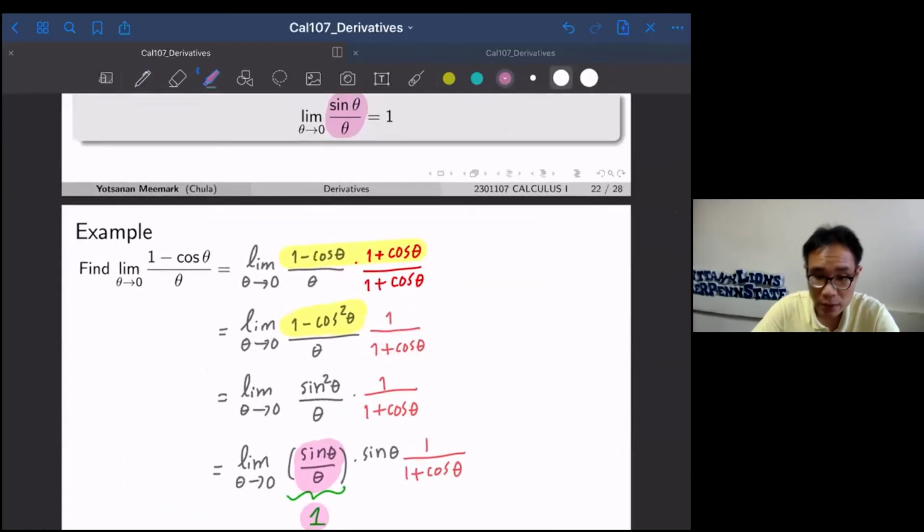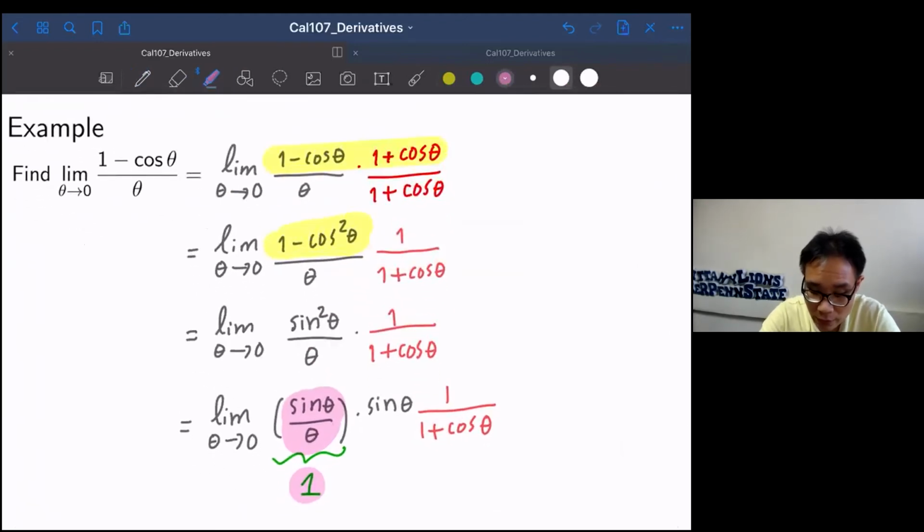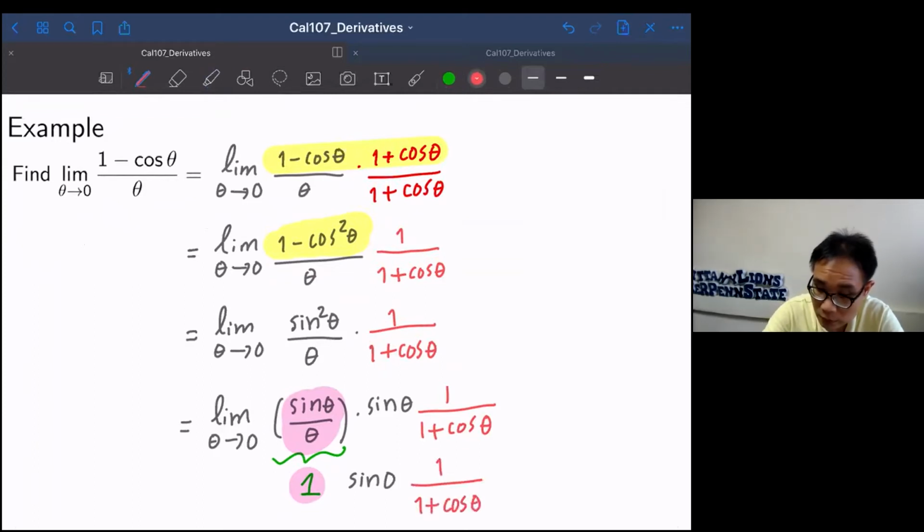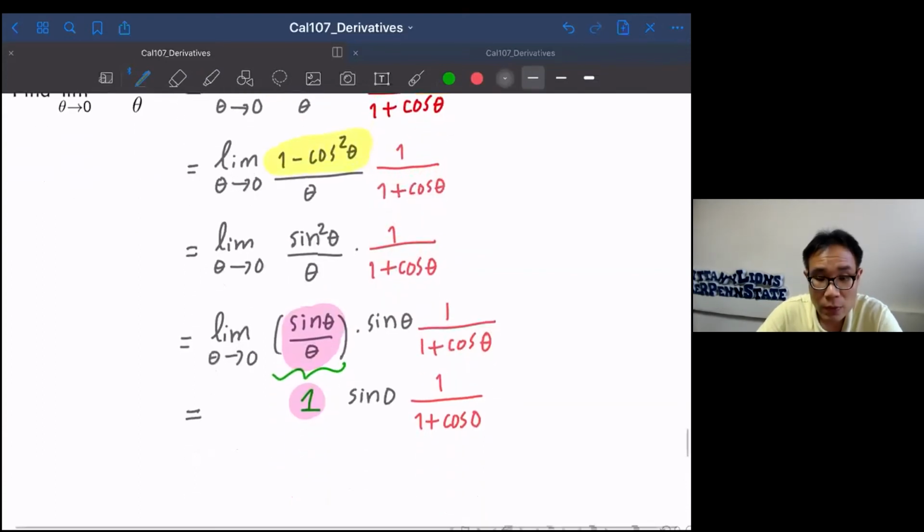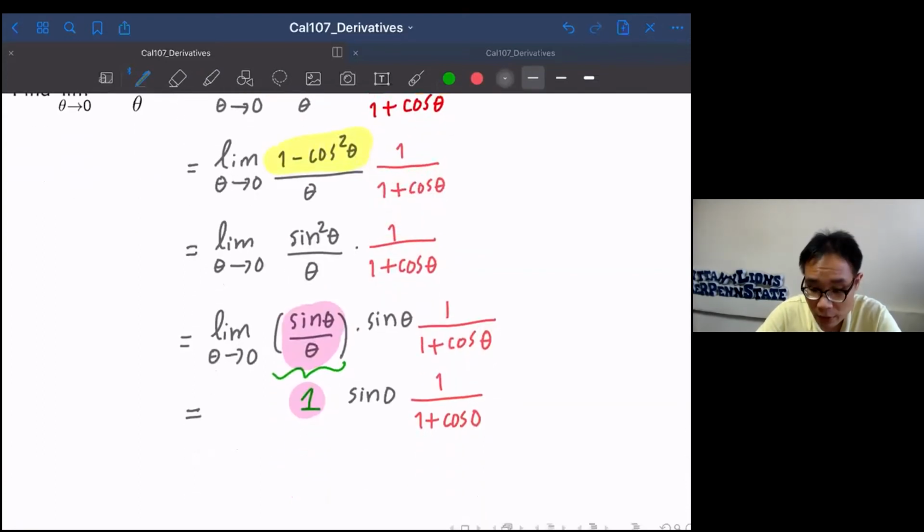And you take sine theta, so it's going to be sine of 0, multiplied with 1 over 1 plus cos 0. So it turns out to be 0.